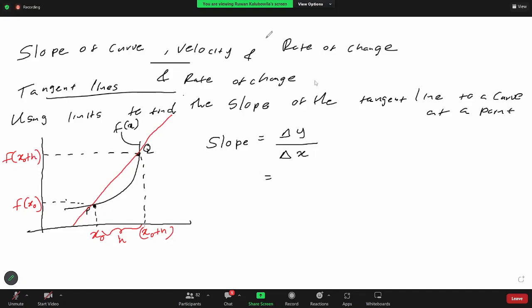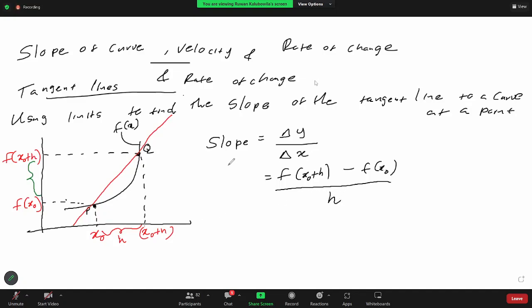Delta y means from here to here is the difference. So how do we write it? f(x naught plus h) minus f(x naught), divided by delta x. The delta x difference is x naught plus h minus x naught, so here you can represent it as h.